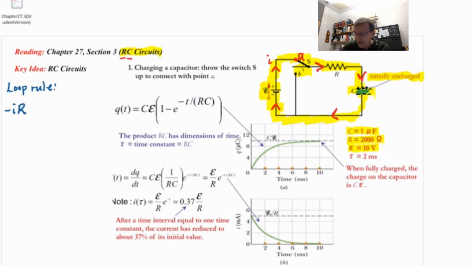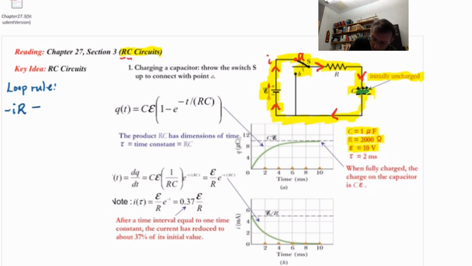And that electric field points away from the positively charged plate towards the negatively charged plate. So in that region between the plates, the electric field points downward. And the electric field points in the direction of decreasing electric potential. So as I traverse the loop from the positively charged plate to the negatively charged plate, that's a potential drop. So in the loop rule, that'll be a minus.